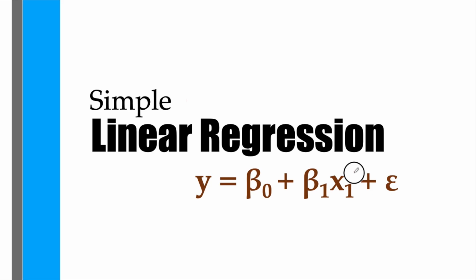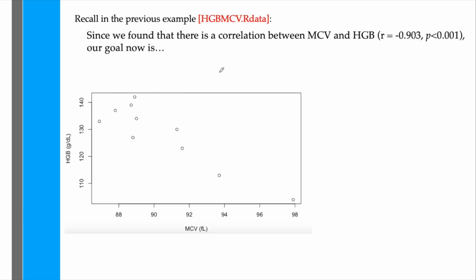We're trying to determine if this x is correlated with y. Now, in the previous example, we found out that there is a correlation between MCV and hemoglobin, having a correlation coefficient of negative 0.903, which rejected the null hypothesis.